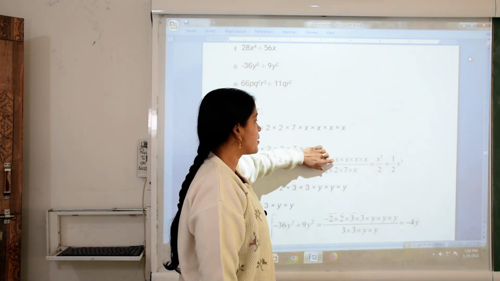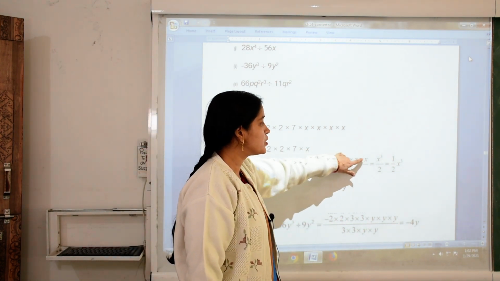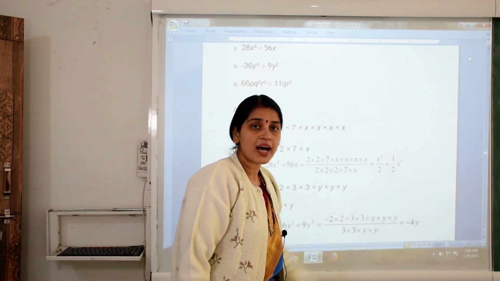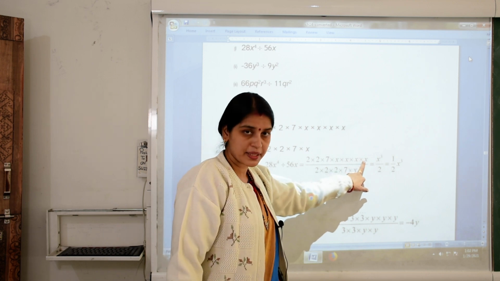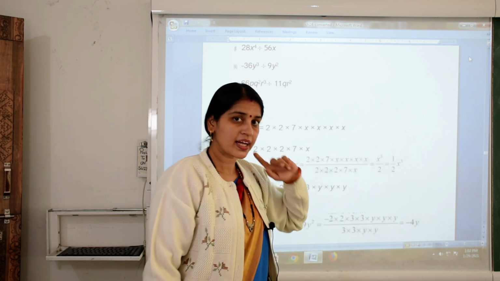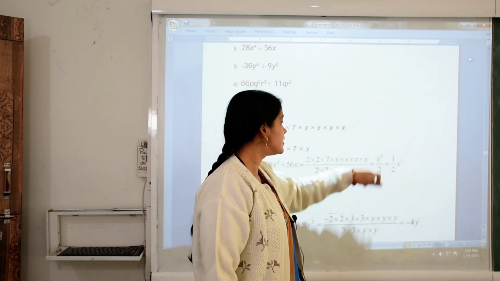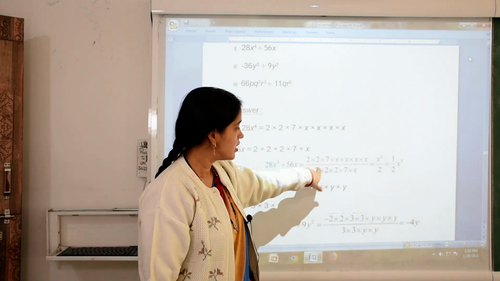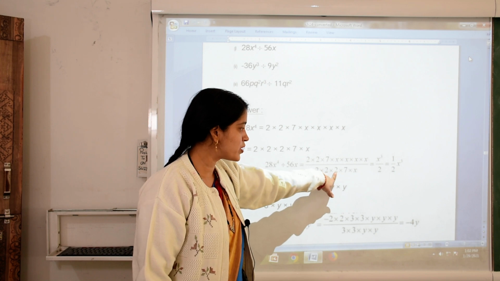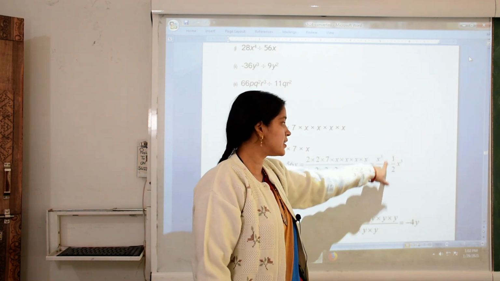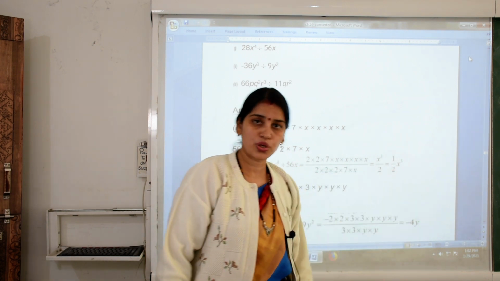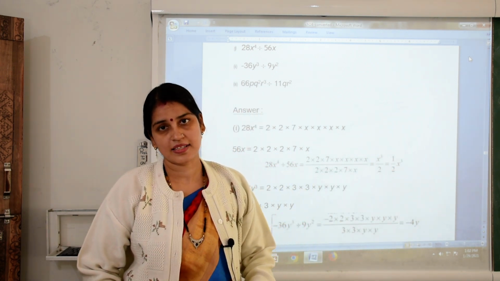Now upside 3 x's are left, so we write x to the power 3, because they are in multiplication, so powers get added. Downside only one 2 is left, because 2 get cut. So x to the power 3 divided by 2, or half x cube. This is our answer.